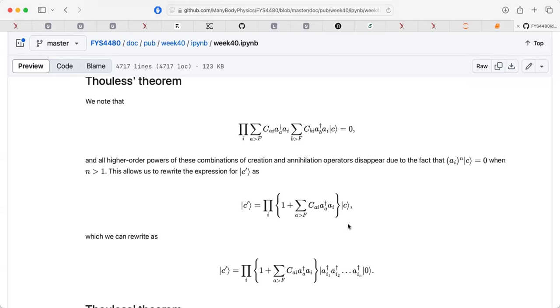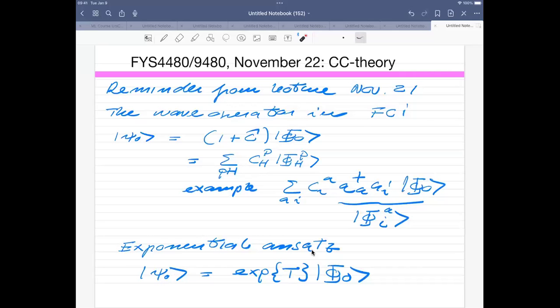So the basic mathematics has already been discussed in connection with Fowler's theorem, but let's now just go back and look at the exponential ansatz in general for more than just a one particle, one hole excitation. So let us now go back to the whiteboard and simply look at the operator of the two particle, two hole type.